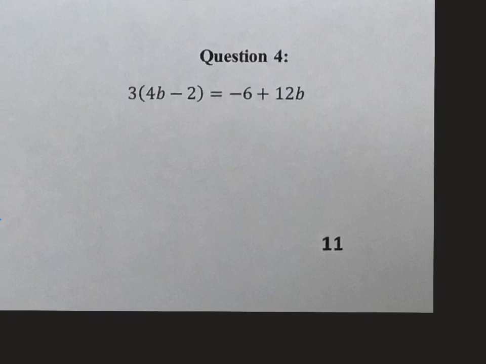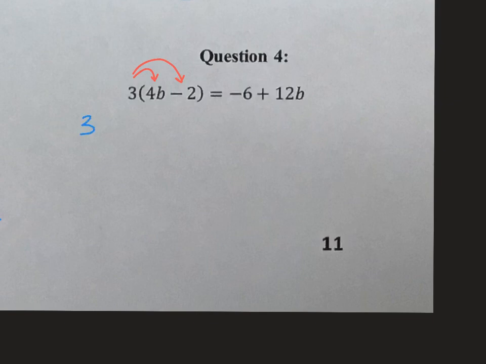Okay, our first step in solving this variables on both sides is to distribute and/or combine like terms. Okay, on this left side, I can distribute this 3 times 4b, 3 times negative 2. Okay, that looks like this.